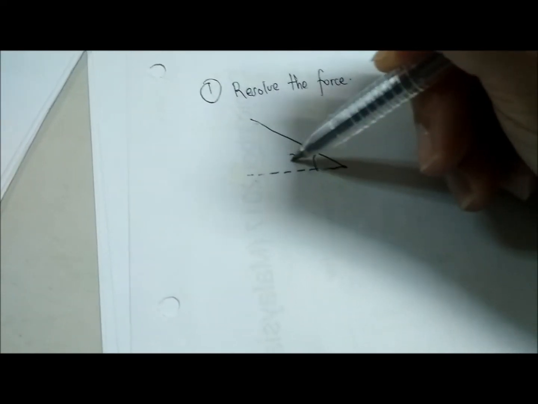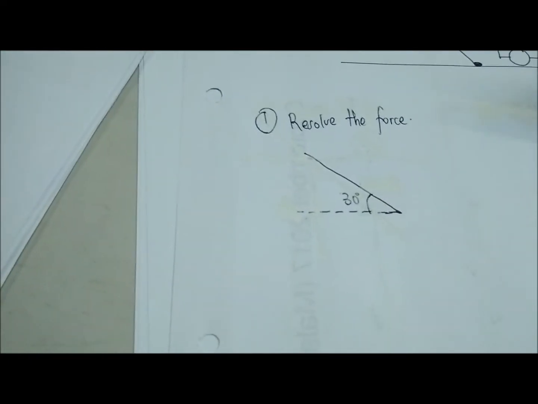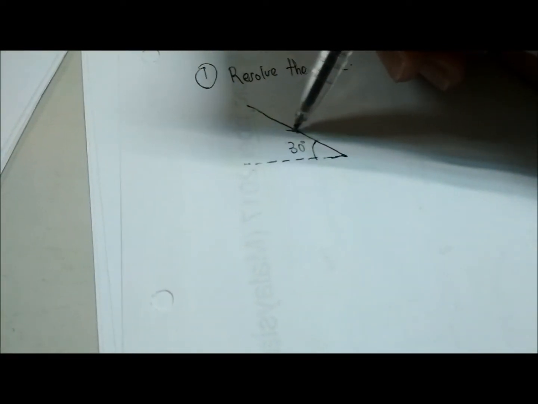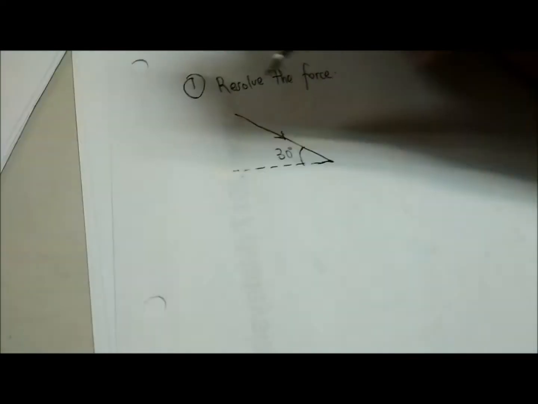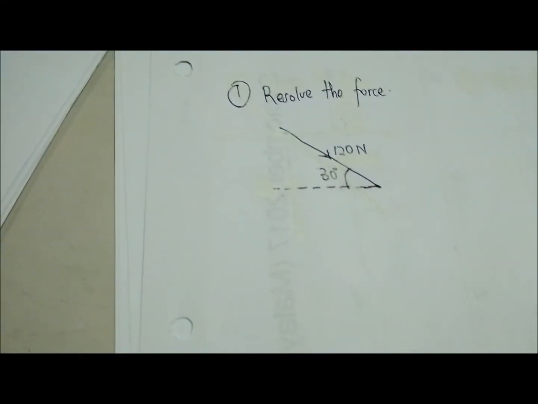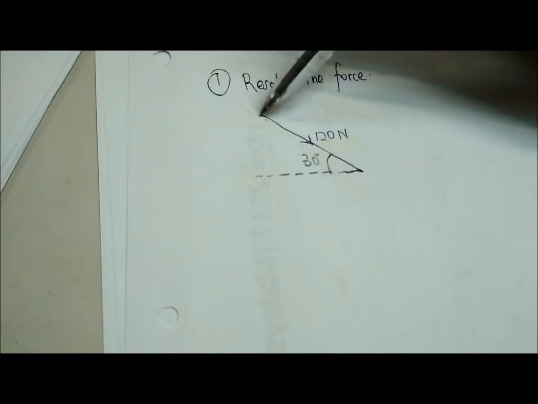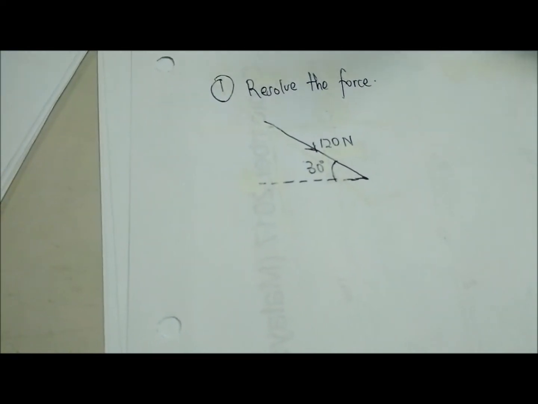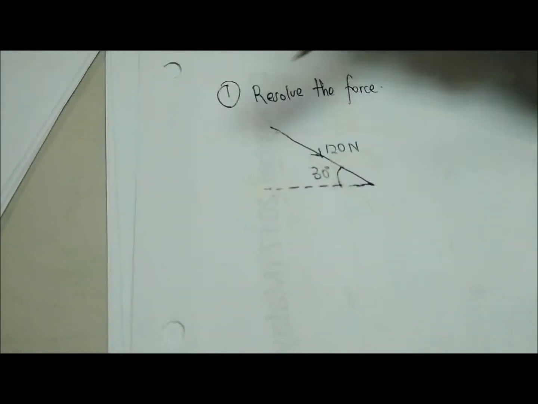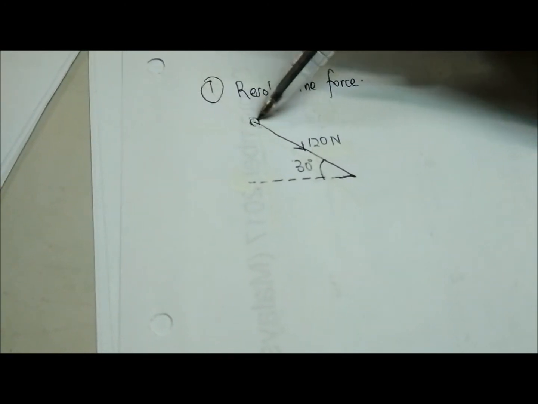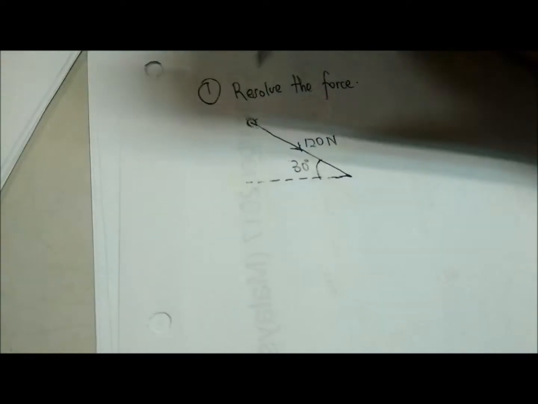Here is 30 degrees, and this force is heading this way, 120 Newton. Now we want to resolve this force. First thing you need to see is where the starting point of this force is. The starting point is here, right? So you need to resolve from this point.